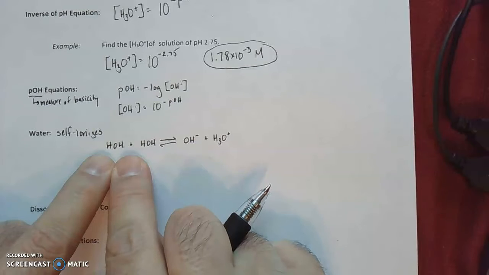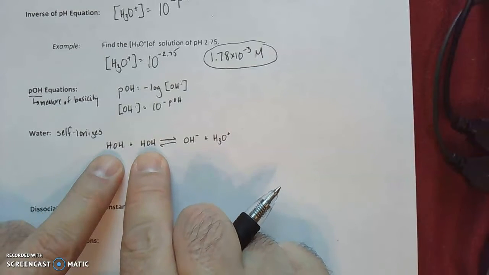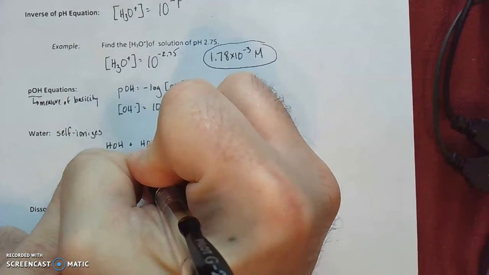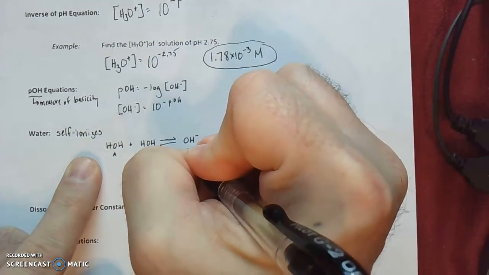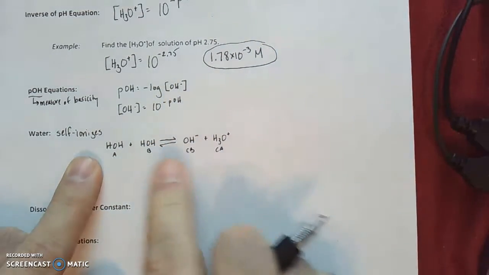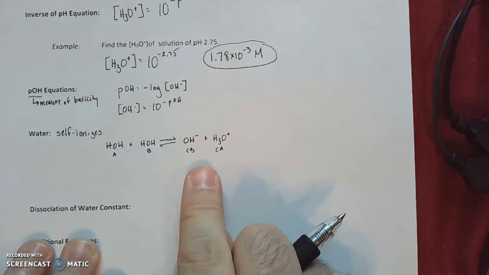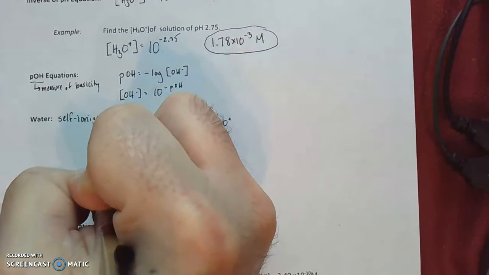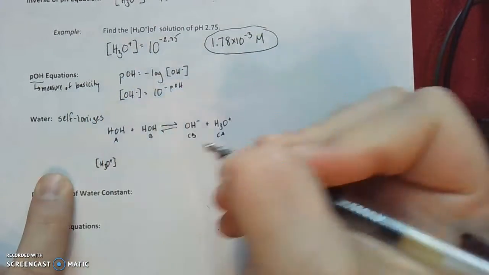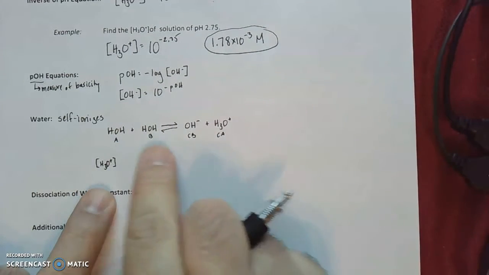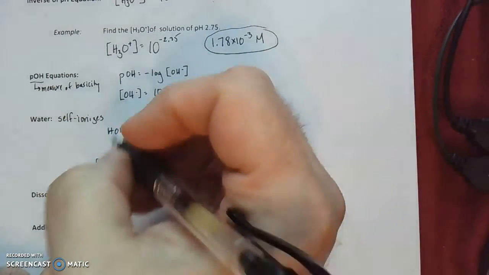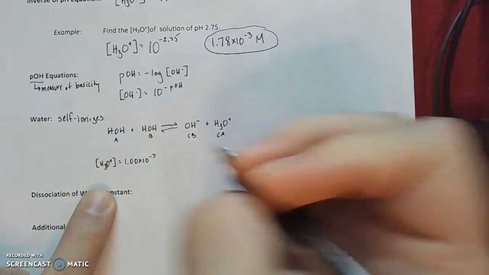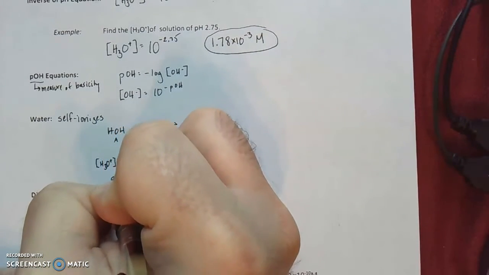Because of the electronegativity of oxygen, it can rip an H from here. So one of these acts as an acid, one acts as a base. We get a conjugate base and a conjugate acid according to the Bronsted-Lowry theory. Well, if we were to measure the H3O plus concentration for this reaction, we would end up with 1.00 times 10 to the negative 7th, which would give us a pH of 7.